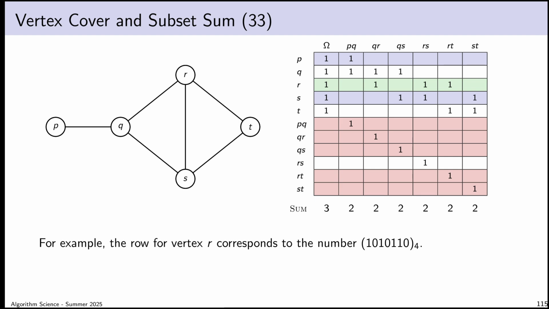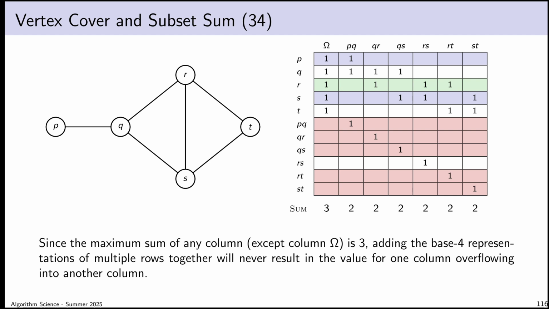So for example, if I look at the row for vertex R, I just add back the zeros, that corresponds to this number in base 4, 1, 0, 1, 0, 1, 1, 0. Since the maximum sum of every column except omega is 3, if I add together the base 4 representations of a bunch of rows, I will not have to do a carry operation.